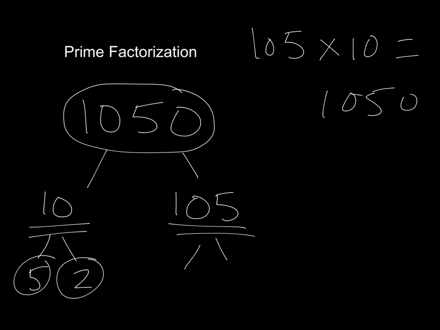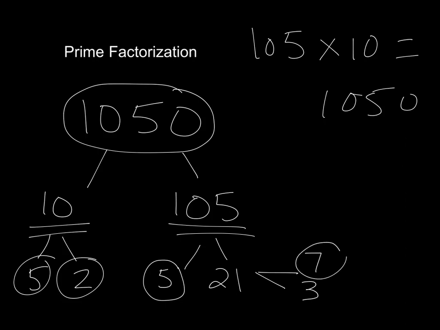And now we're going to break down 105. So one way to break it down is 5 times 21. Now we look. Again, 5 is a prime number, so we're good. We can leave that. Now we look at 21. Now 21 is a composite number because 7 and 3 can be multiplied together to give you 21.